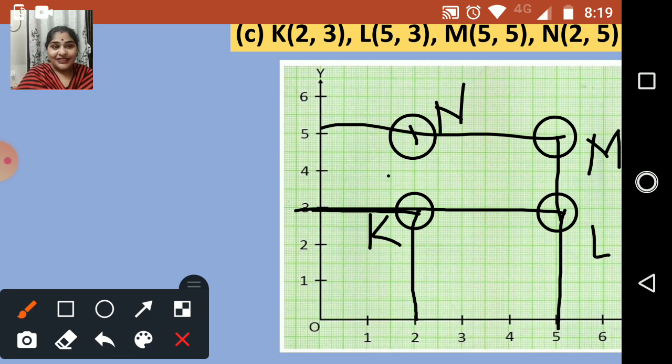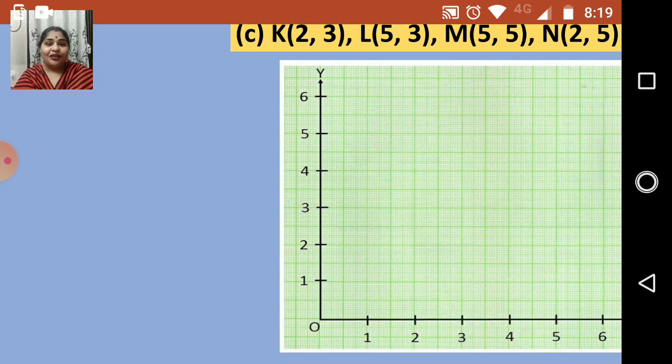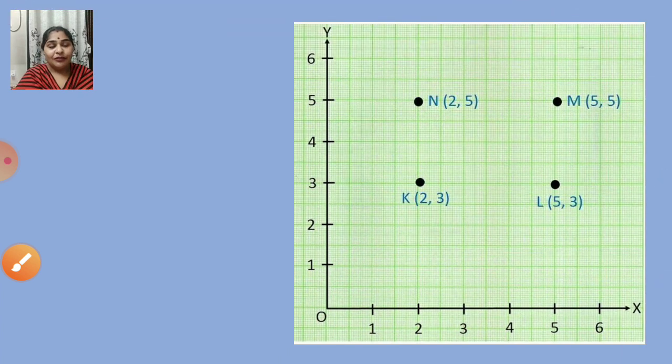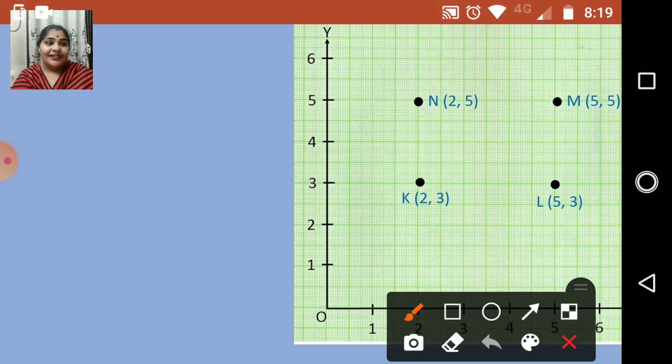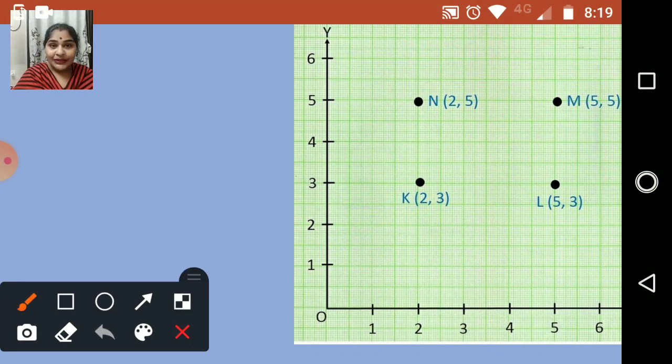Now, children, when you draw all this, it will be something like this. You can see here, this is K, 2, 3. It is 2 on the x-axis and 3 on the y-axis, right?